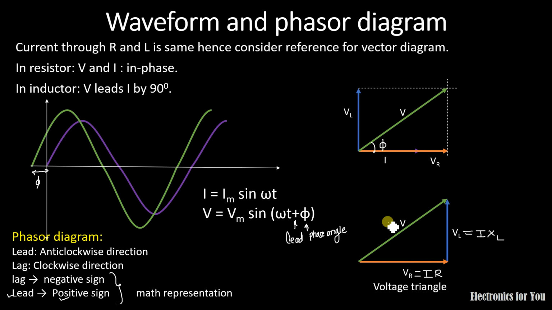The total voltage of the circuit is V equals I into Z, where Z is the impedance of the circuit, explained later on.